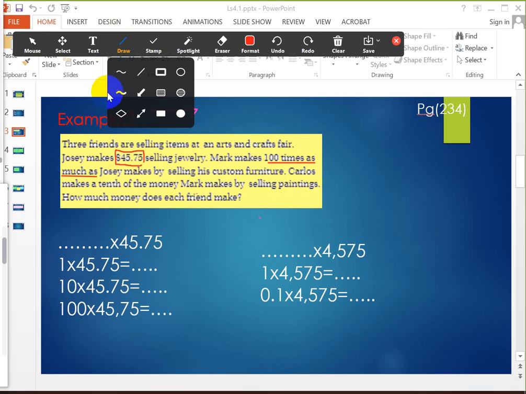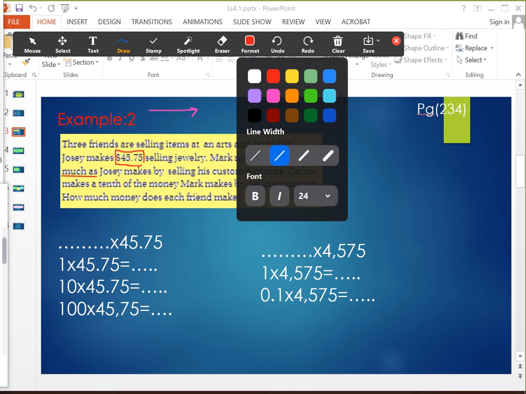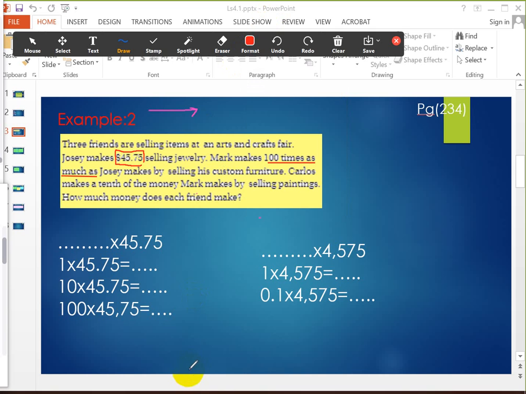So let's find the amount of money that Mark makes. So you have to multiply 45.75 by 100 because Mark makes 100 times as much as.